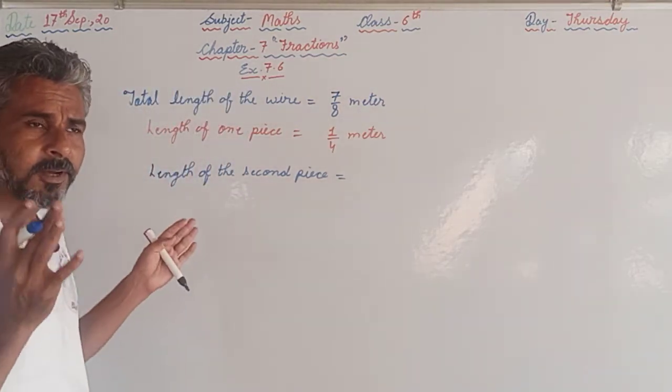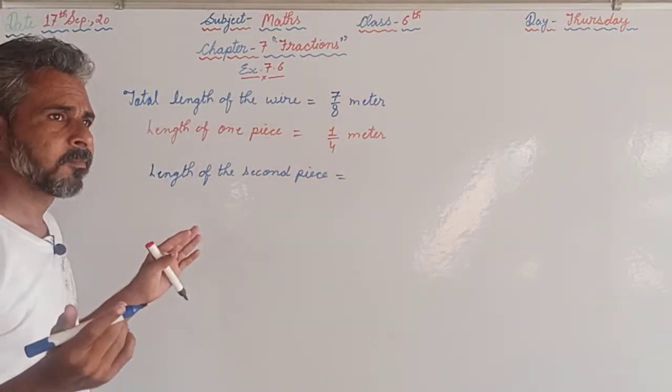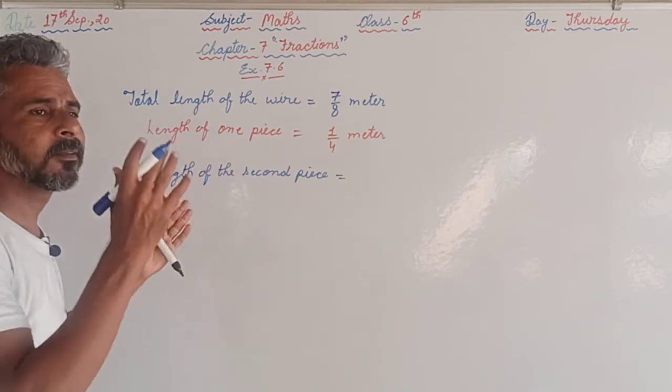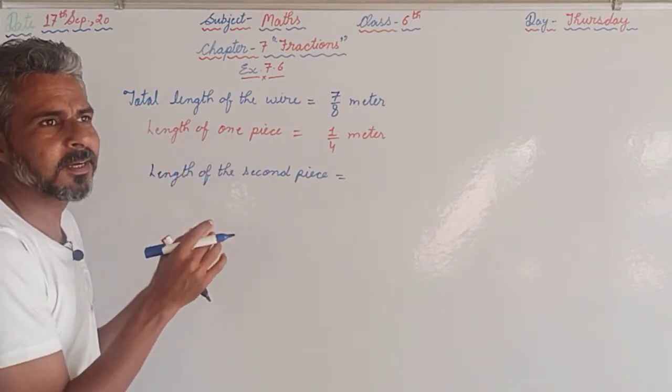The total wire was broken into two parts, the total length is given and the length of the first part is given. We have to find the second part.